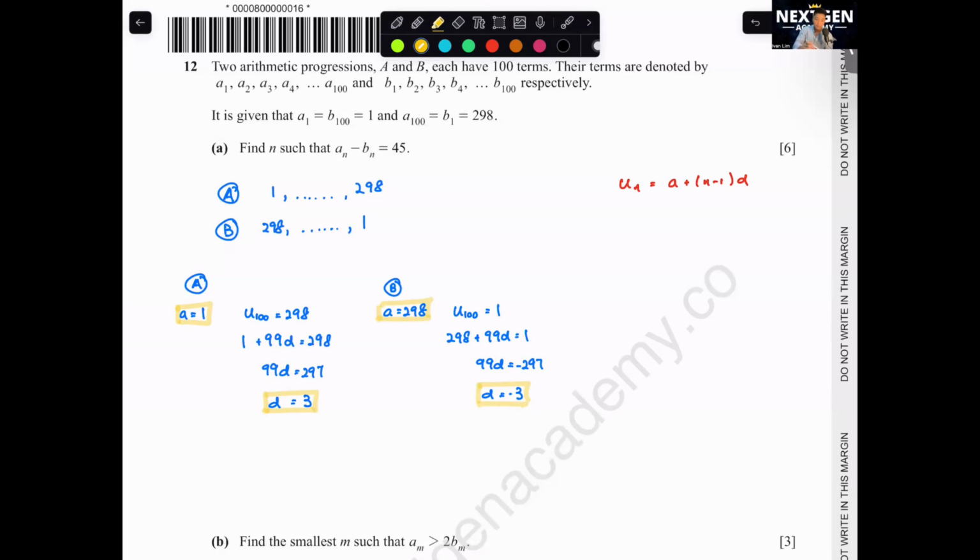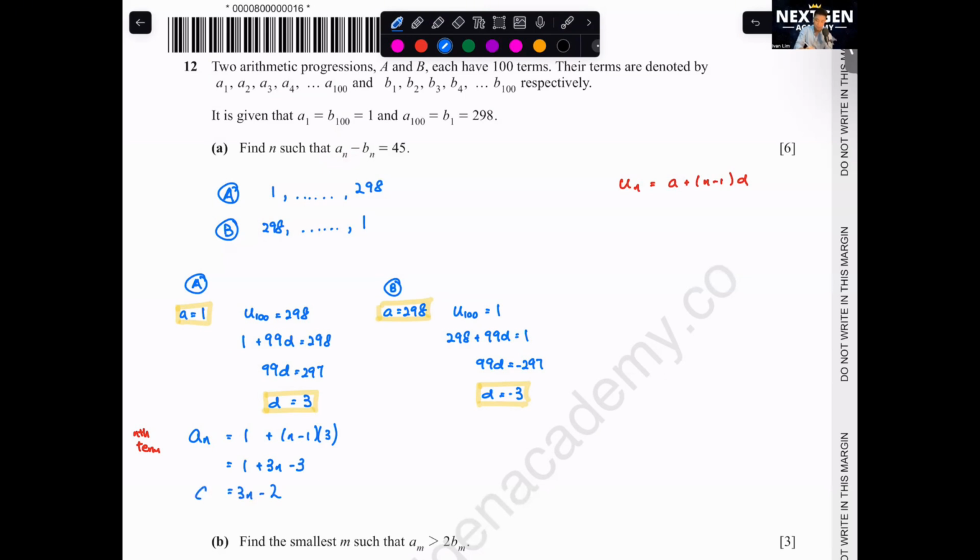Can we write down a general expression now for An? An means your nth term. So we use the nth term formula again. An is equal to a plus n minus 1 d, which is 1 plus 3n minus 3, equals 3n minus 2.